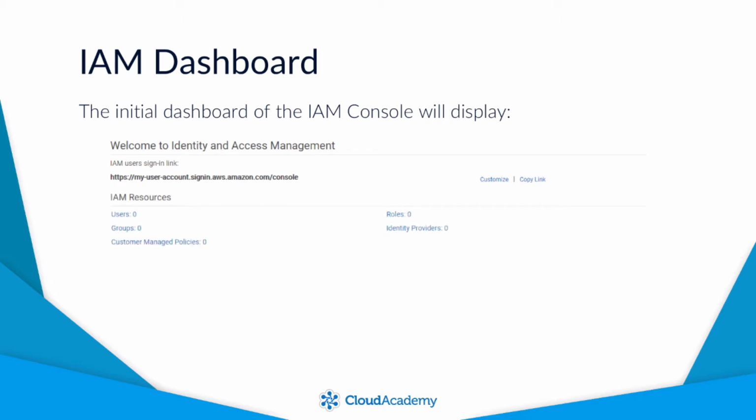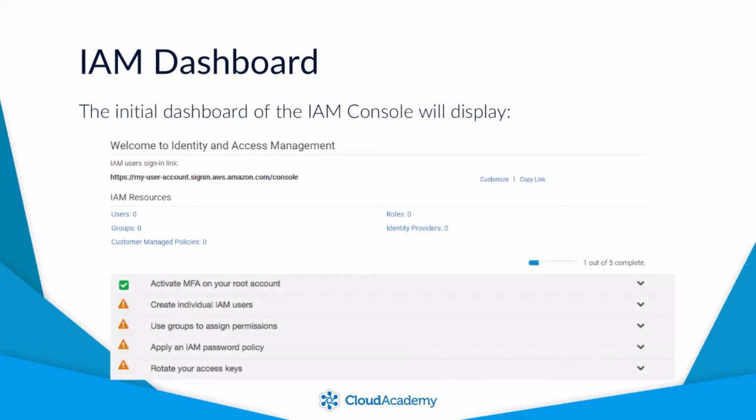IAM Resources. This section provides an overview of your IAM resources using a simple count of the number of users, groups, roles, customer managed policies, and identity providers you have configured within IAM. Security status. This is populated with 5 best practices from a security perspective that AWS IAM recommends you configure when using IAM, which may include activate MFA on your root account, create individual IAM users, use groups to assign permissions, apply an IAM password policy, and rotate your access keys.